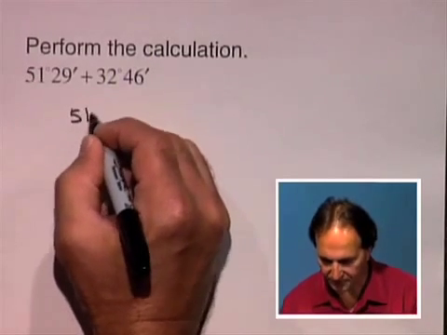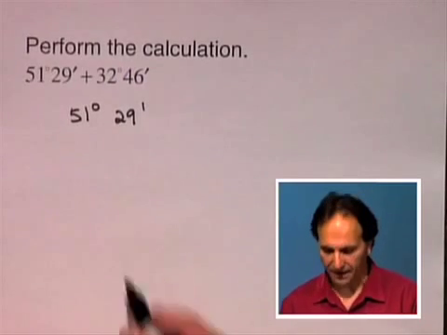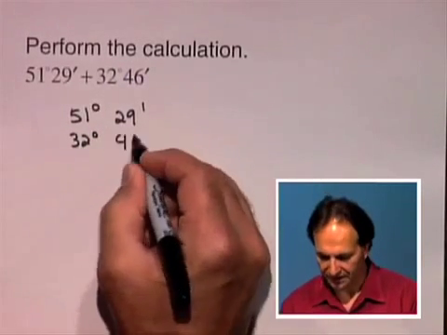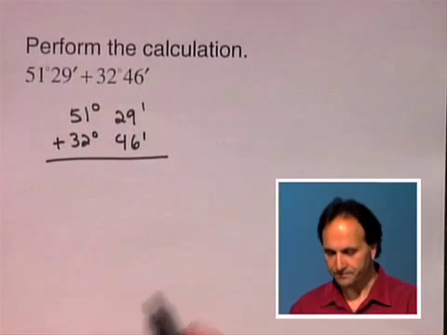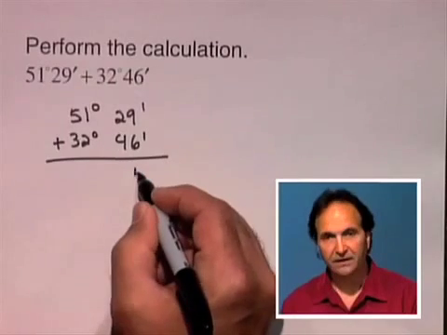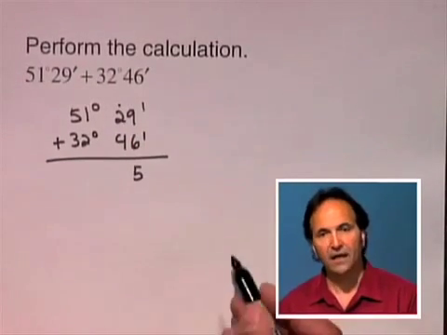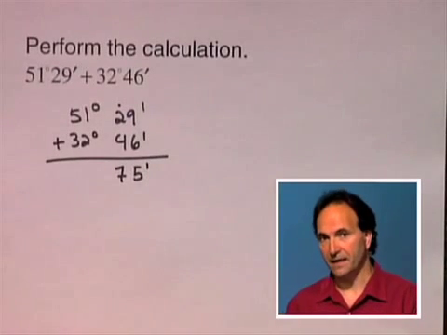So 51 degrees, 29 minutes, plus 32 degrees, 46 minutes. We're going to add those two together. 9 and 6 gives us 15. Carry that 1 over to here. And 1, 2, and 4 gives us 75 minutes.